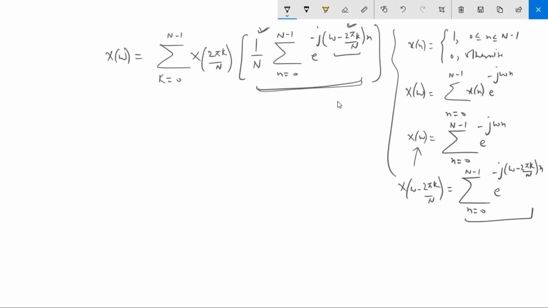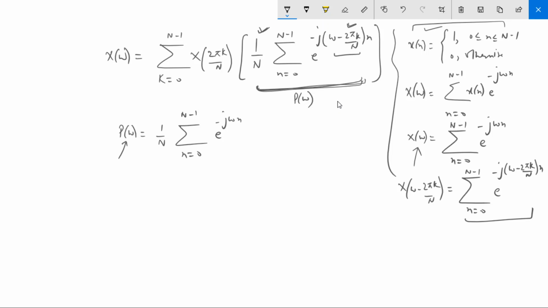It means this function is nothing but the Fourier transform of a signal in which all the samples are 1 between 0 to N minus 1, otherwise it is 0. Suppose I denote this interpolation function with P(omega). So P(omega) is 1 by N, summation of n from 0 to N minus 1 of e raised to power minus j omega n.